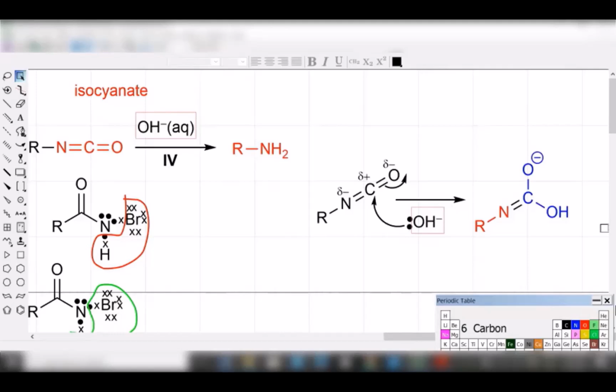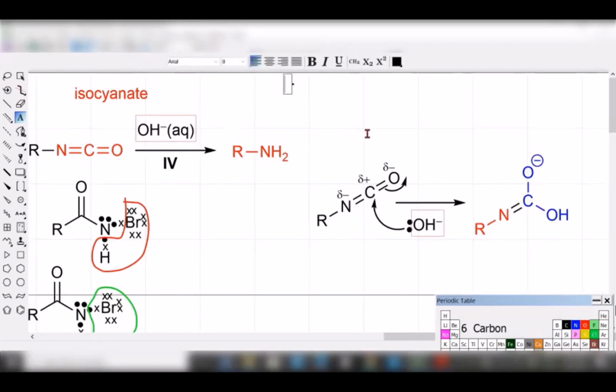But as I mentioned, is it possible for you to get CO2 in alkaline medium? No, right? In alkaline medium, you should get either carbonate or bicarbonate. So your byproduct is carbonate or bicarbonate, which means CO3 2- or HCO3 -.